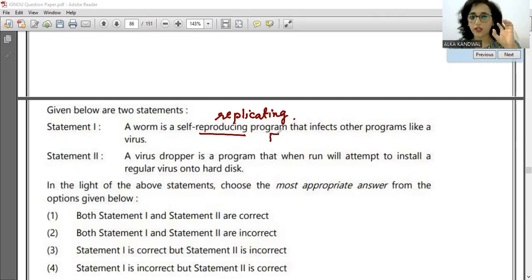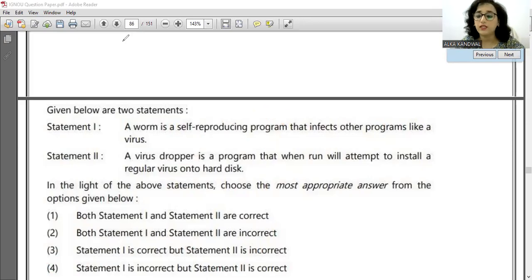So this is the false statement. It is a self replicating program, and a virus dropper is a program that when run will attempt to install a regular virus onto the hard disk. That is absolutely correct. So the answer to this question will be statement 1 is incorrect, but the statement 2 is correct. Statement 4 is the correct answer to this question.